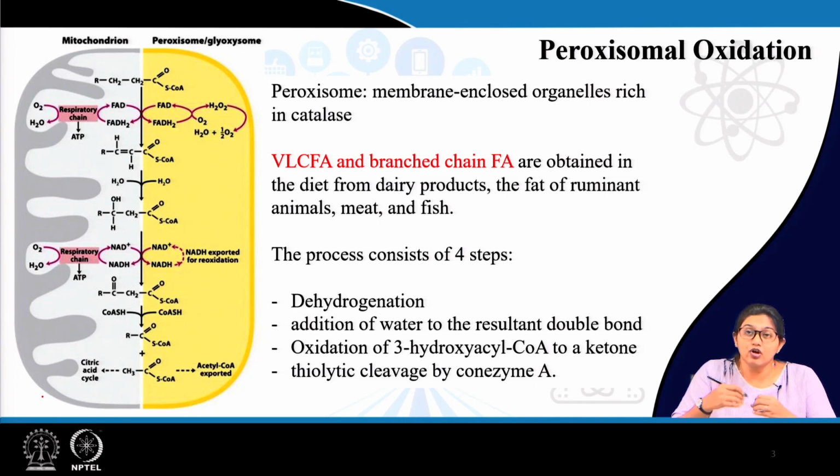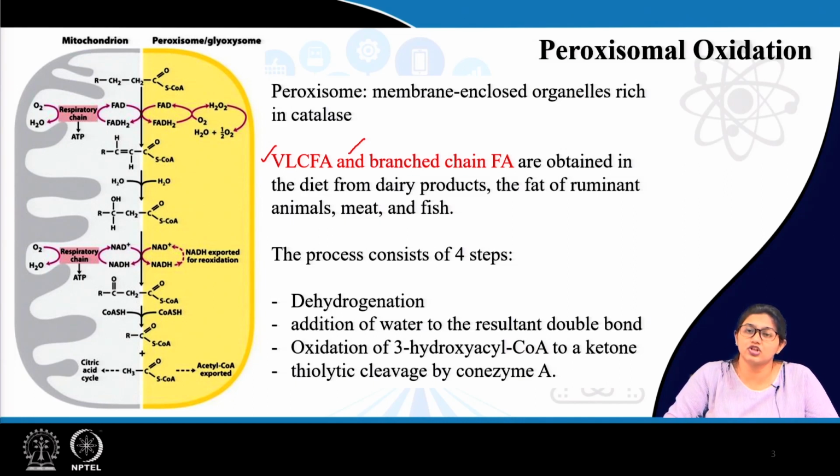Now, in peroxisomal oxidation, the target fatty acids are mostly either very long chain fatty acids or branched chain fatty acids, and those fatty acids are mostly obtained from dairy products, fats of ruminant animals, meat and fish. These are the origin of very long chain or branched chain fatty acids.